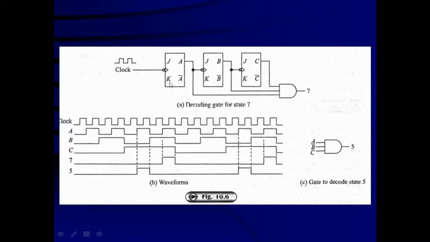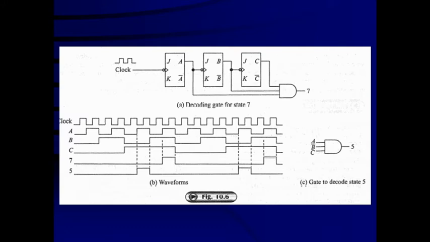Now you can see this figure. This is a 3-bit ripple counter. 3 JK flip-flops are connected in cascade mode or in series mode. So it is known as a ripple counter, serial counter, or 3-bit asynchronous counter. J and K of all 3 flip-flops are connected to VCC, and hence they are working in toggle mode.